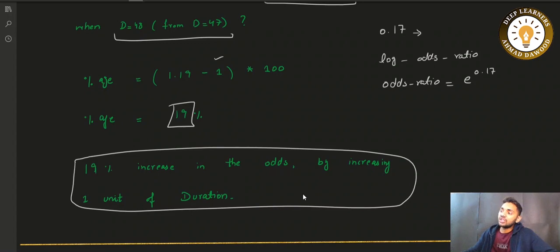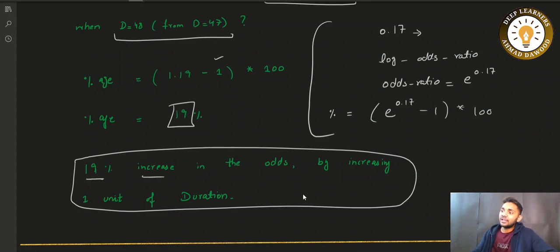Then if you want to see how much percentage increase in your odds by increasing 1 unit in the corresponding predictor variable, you can use e raised to the power 0.17 minus 1, into 100, and it will give you a percentage. In this way you can interpret: a 19% increase in the odds by increasing 1 unit of duration.